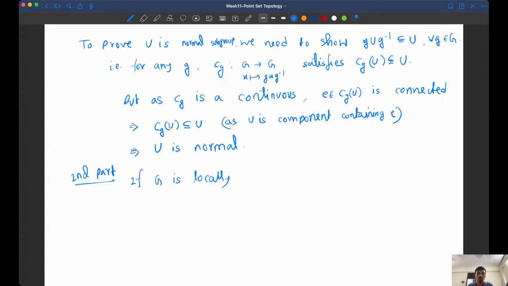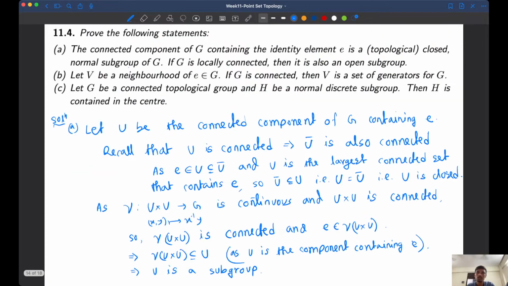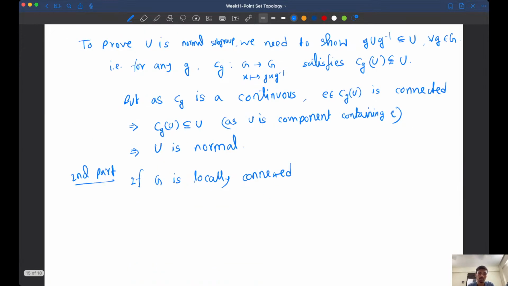Now I need to prove U is an open subgroup, but we already have proved that if a subgroup contains an open set, that is open, right? So if I can prove that U contains an open set, then U becomes an open subgroup. That immediately follows from local connectedness.